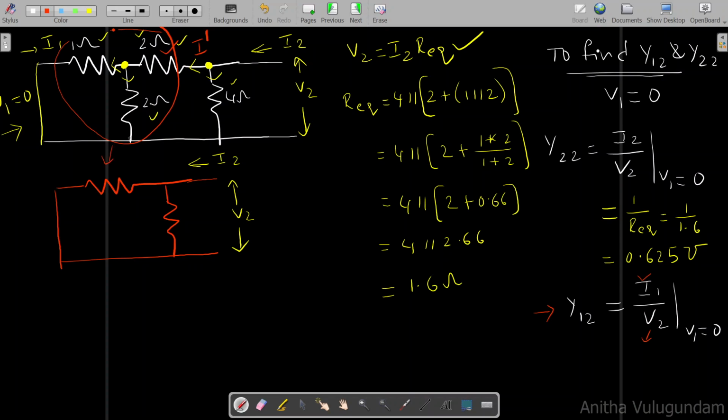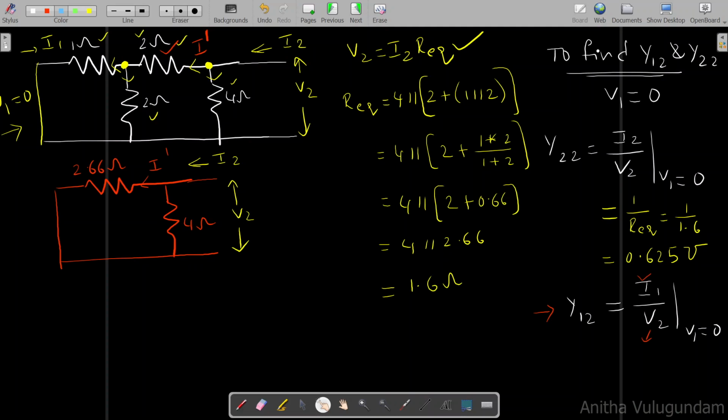So the equivalent resistance for this is 1 parallel to 2 plus 2. If I do so, I'll get this as 2.66 ohm, and this is I dash, and this remains the same. I have replaced the 1 ohm, 2 ohm and 2 ohm with its equivalent resistance 2.66 ohm, because once I find the current flowing in this branch using the current divider rule, then I can easily find I1.